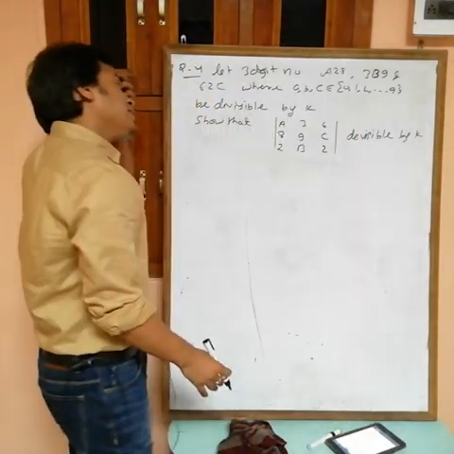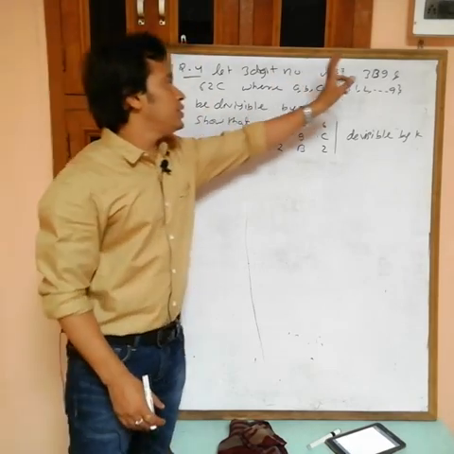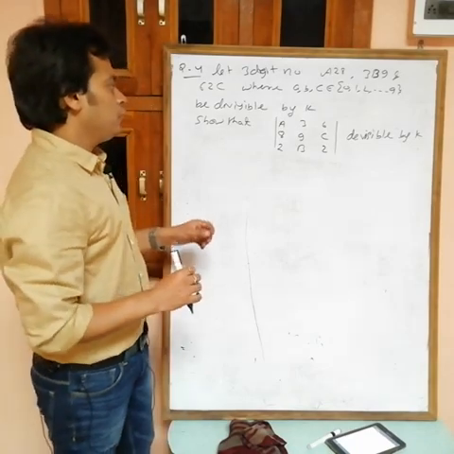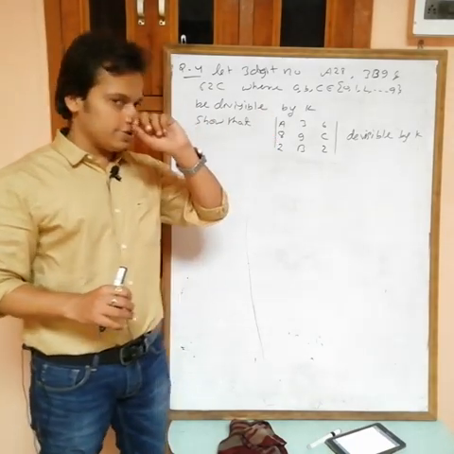Okay, now it is given that these 3-digit numbers are divisible by k, k is any integer. Then we have to prove that this determinant is also divisible by k.